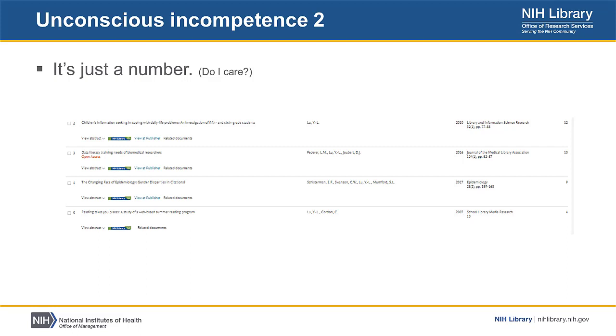As a researcher myself, I was like, do I need anybody to tell me how good or bad my research is, or what I should be doing, or anybody to guide me what to do? So it's sort of like, I don't really care. It's just a number. Okay, so at that time, it was really unconscious incompetence.